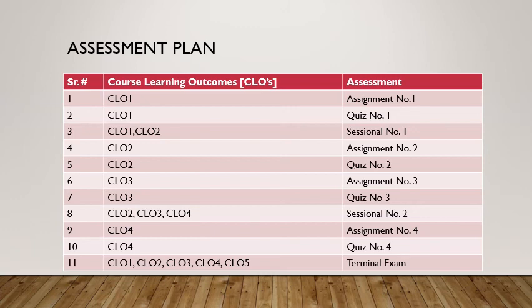In OBE based learning, you must clear all the CLOs. That's why in the terminal exam you see all the CLOs again. It means that one question is going to be from CLO4, CLO3, CLO2 and CLO1. So that was all about the assessment plan of the digital signal processing course.